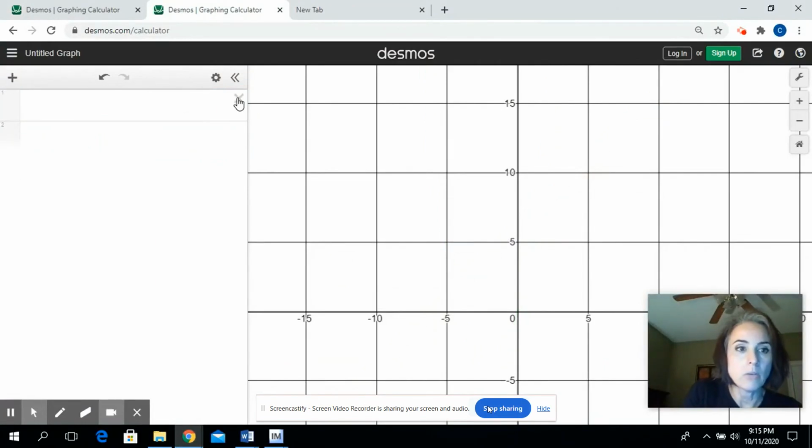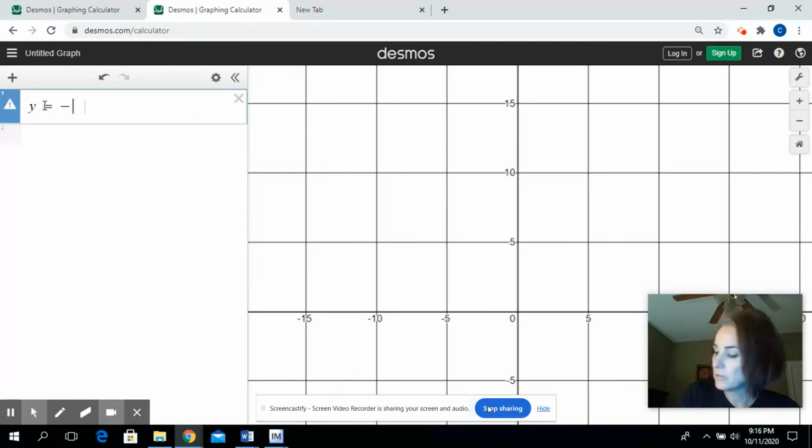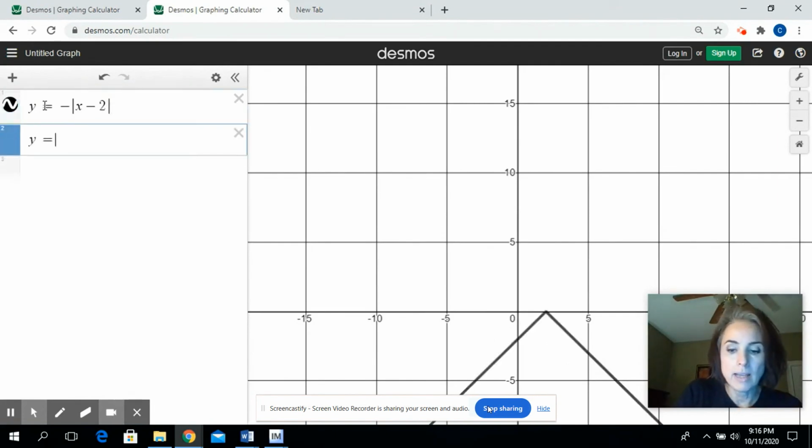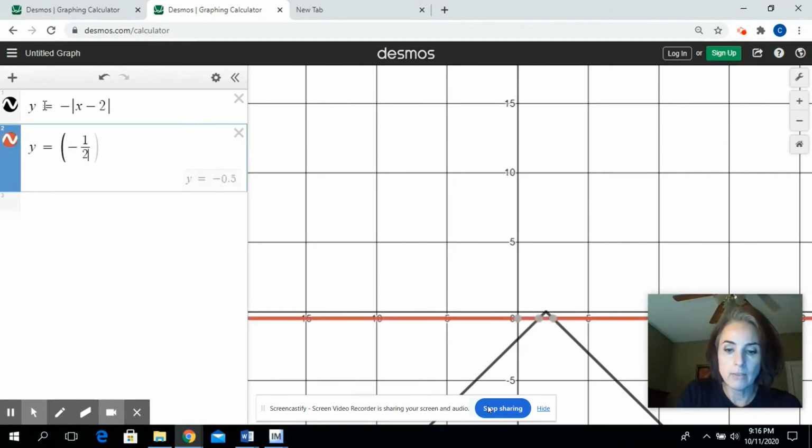So y equals the opposite of the absolute value of x minus 2, and then you would have y equals negative 1/2. So I'm going to put that in a fraction. Negative 1/2 x minus 2.